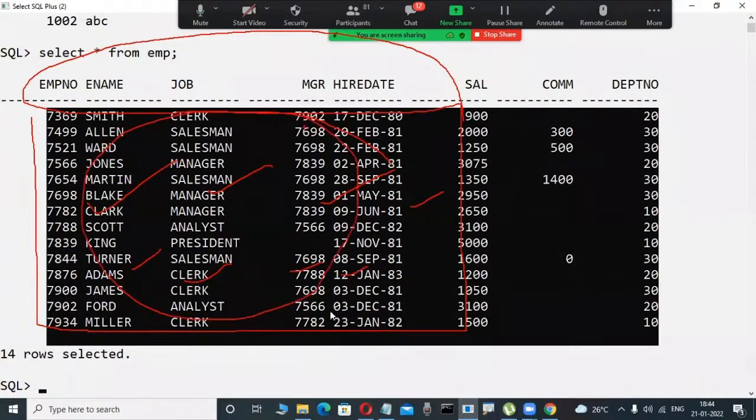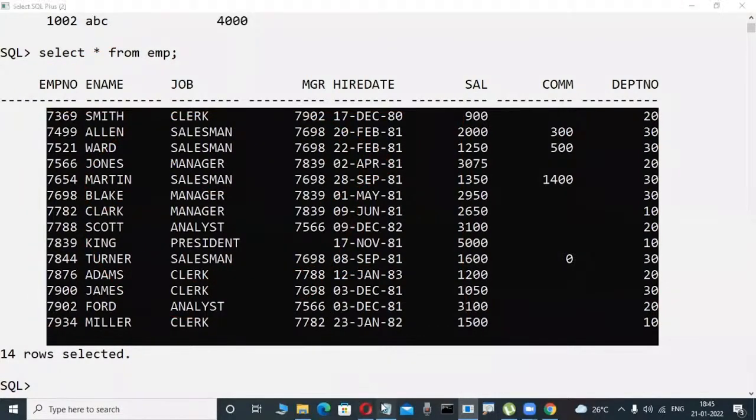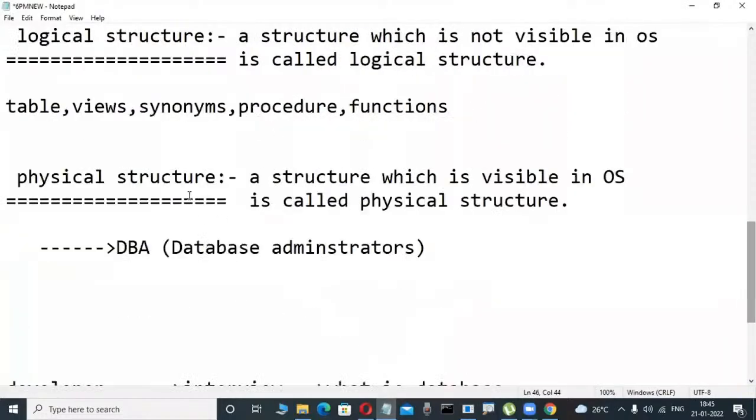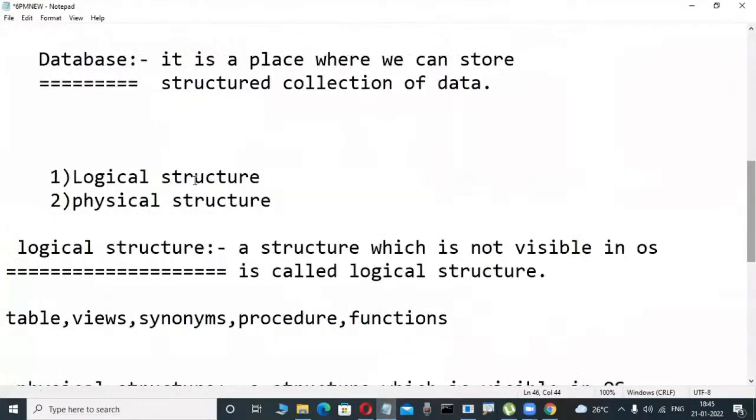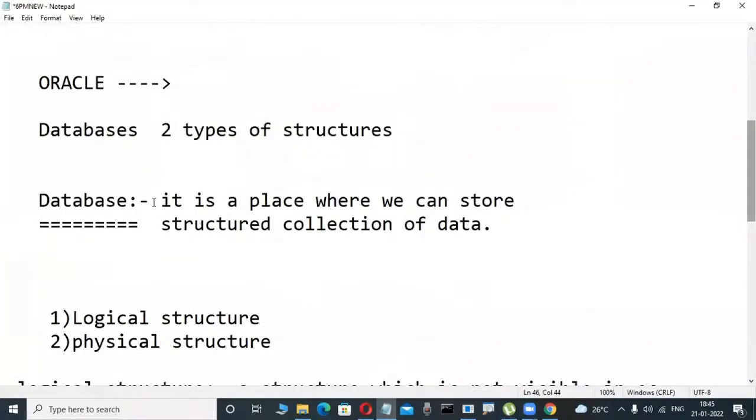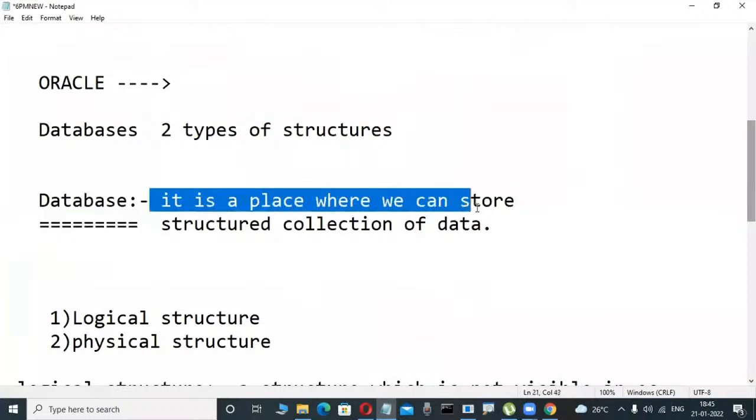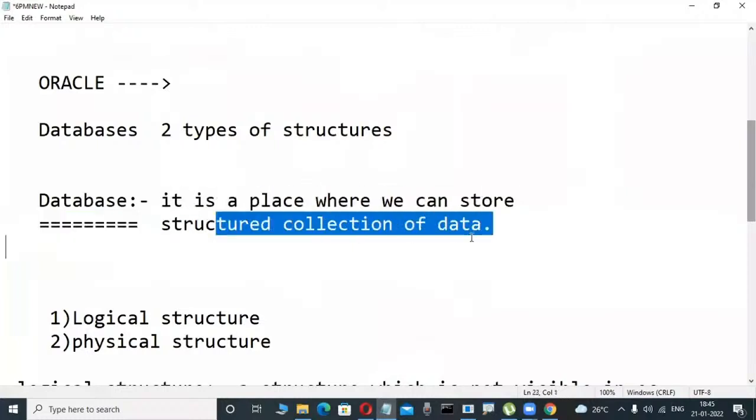That's why in books, or when we type what is a database in Google, two definitions are there, but most developers write it is a place where we can store a structured collection of data.